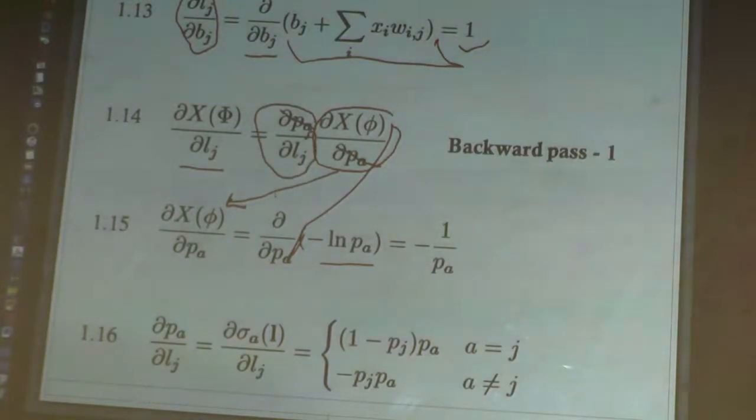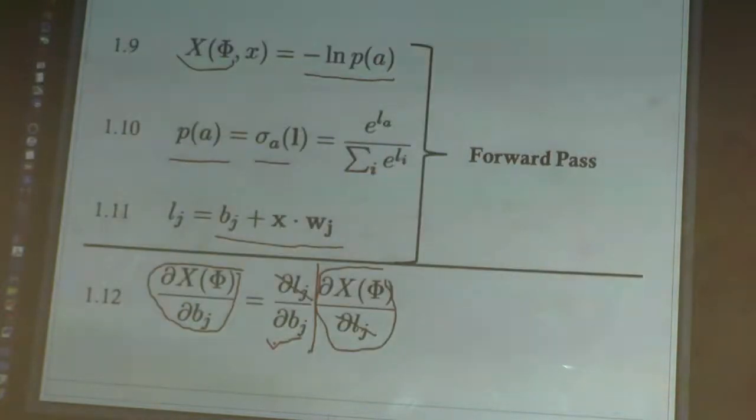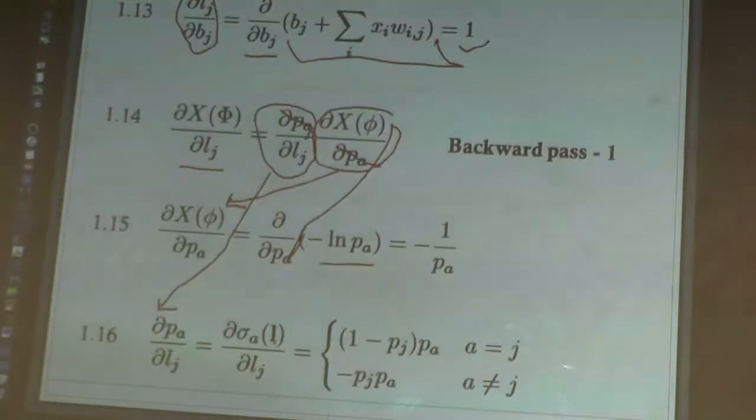And I put it here. Okay? And that is it there. And if I perform partial differentiation on that, which of course is defined there, what I get is equal to 1 minus pj PA if A is equal to J. It is equal to minus pj PA if A is different from J.